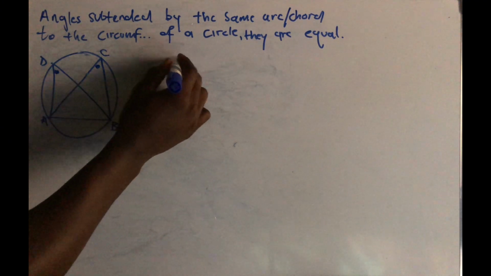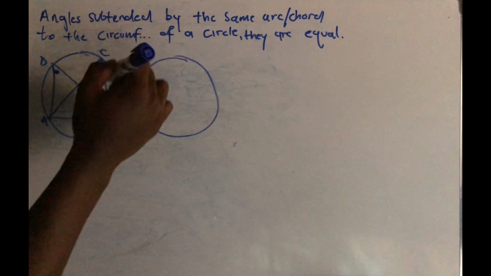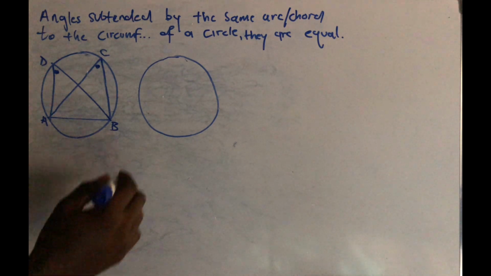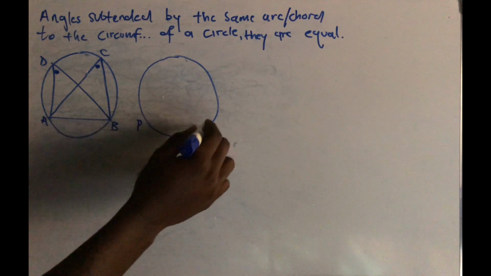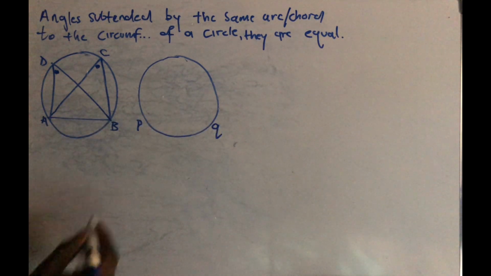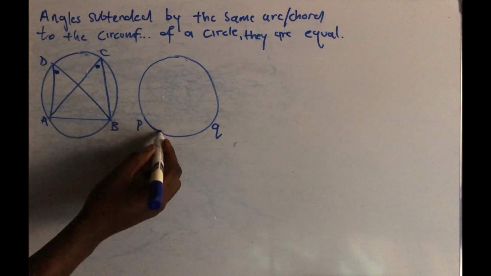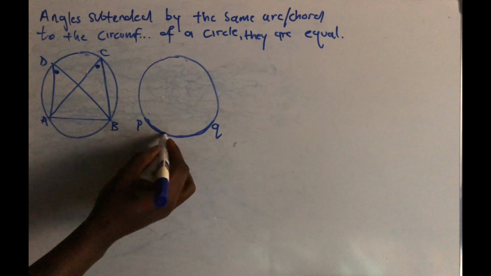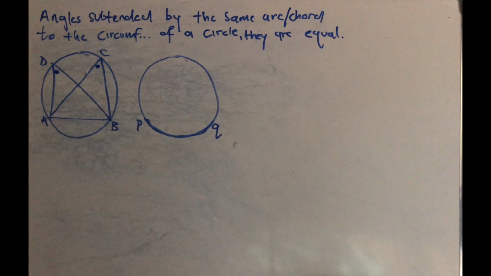Also, it applies when they are subtended by the same arc. Let's say now we have arc PQ. You remember what an arc is, right? So this is an arc, arc PQ.